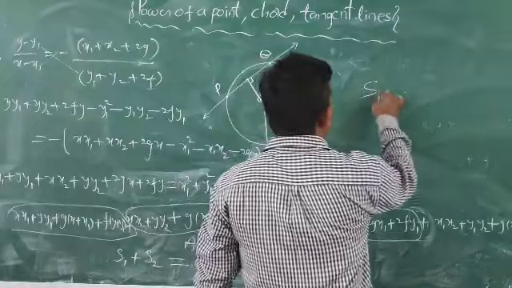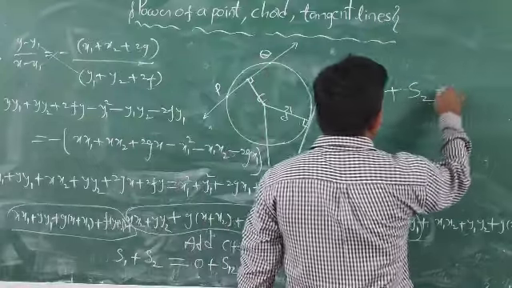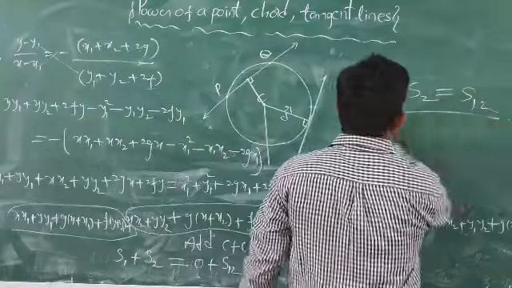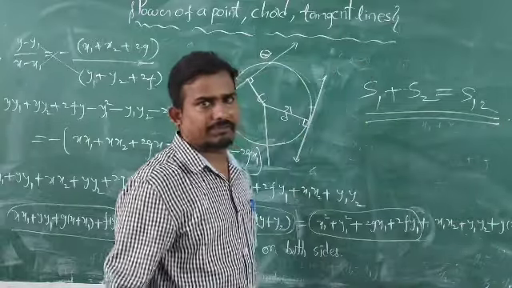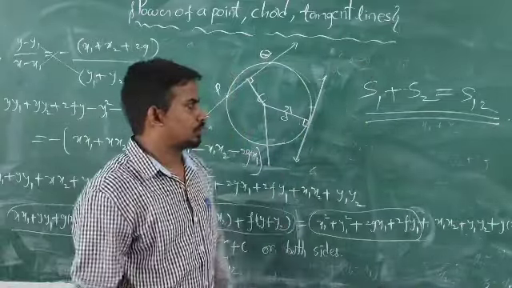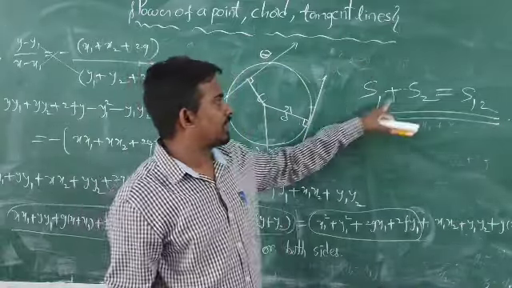So our equation S1 plus S2 equal to S12 is the equation of the chord passing through the 2 points x1 y1 and x2 y2 of the circle. First suppose the point P or Q turns to P. I mean the point x2 y2 turns to x1 y1.